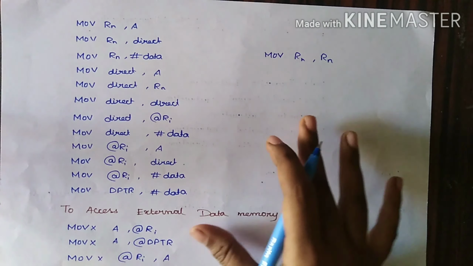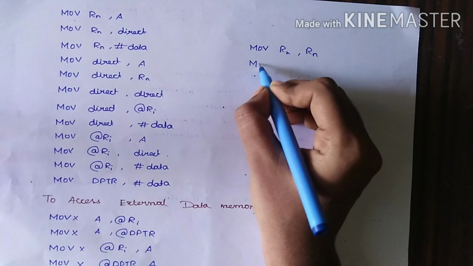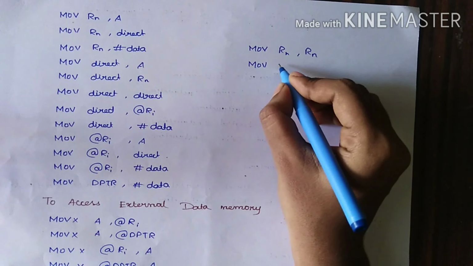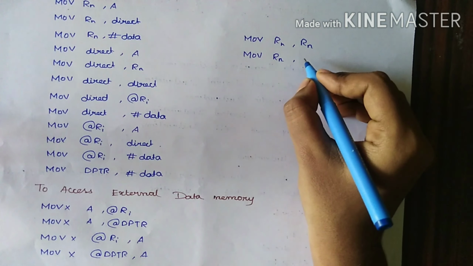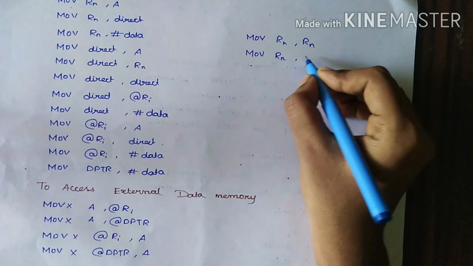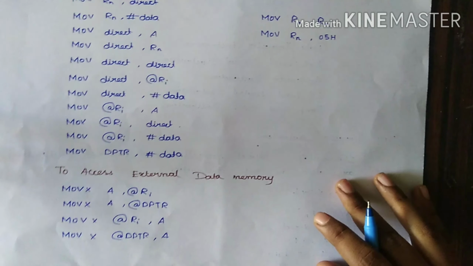This is impossible. So for this type of application we use MOV. For either the source or the destination we can use the register name, and for the other we should use the address of the register, like 05H or any other address to denote that register.